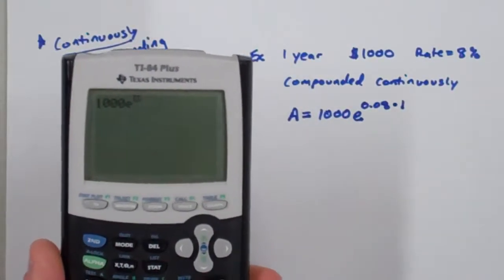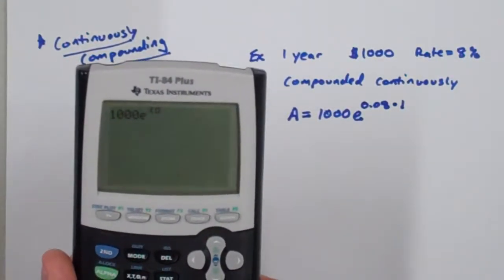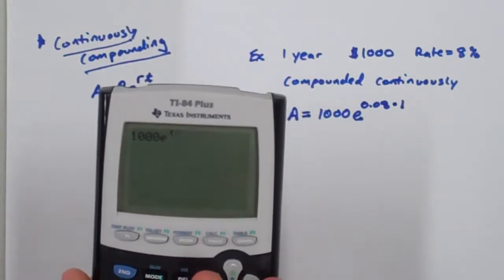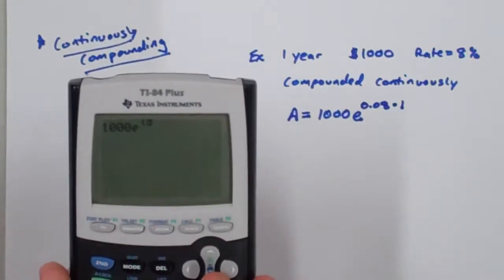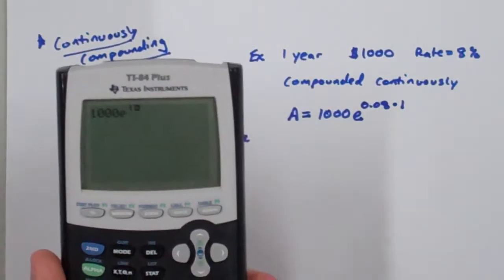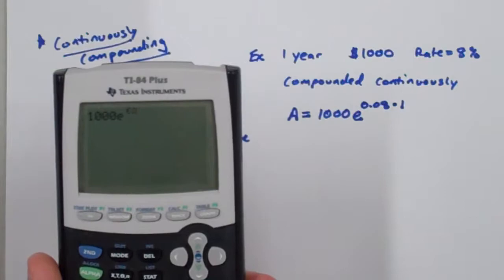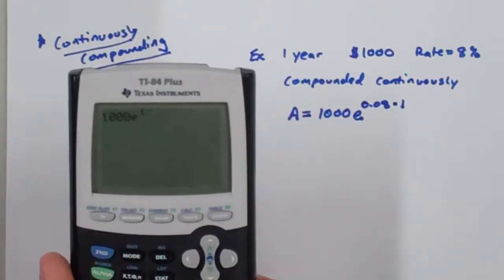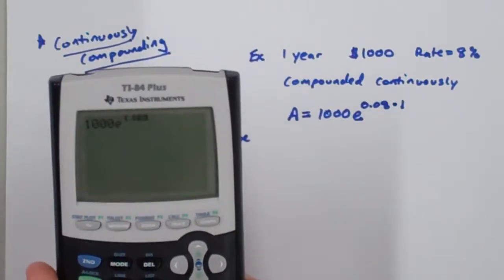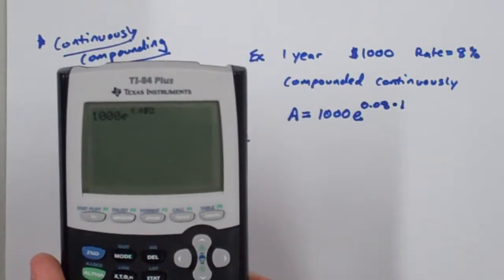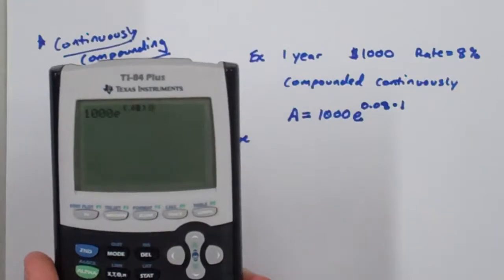It's a good idea to use parentheses, though I don't have to on this calculator, because it raises it up in the superscript position. You're going to need to do this definitely on the older versions of some software that you have with TI-84s. We're going to do 0.08, and then you could do times 1 if you want, but you really don't have to in this case.